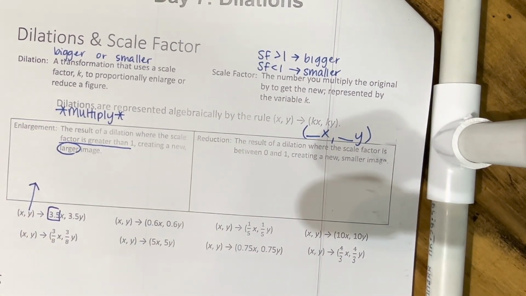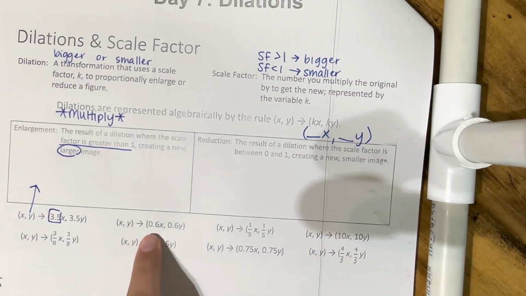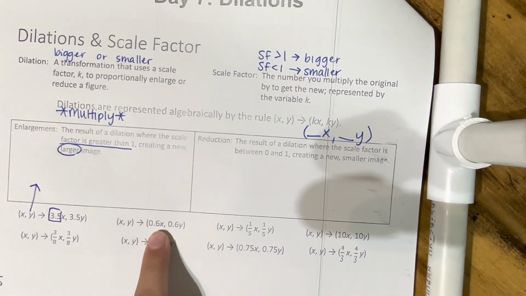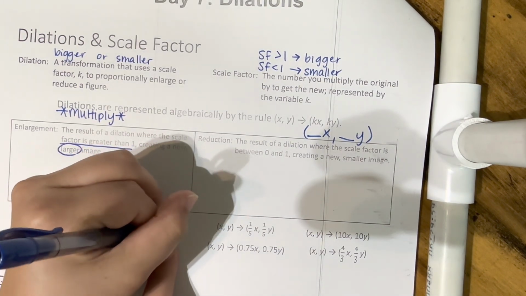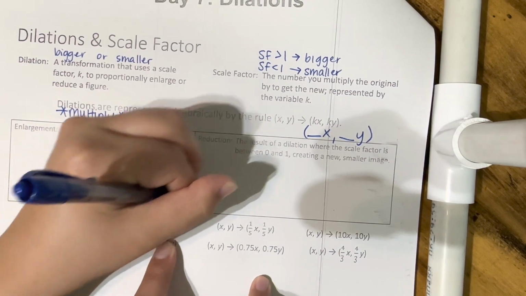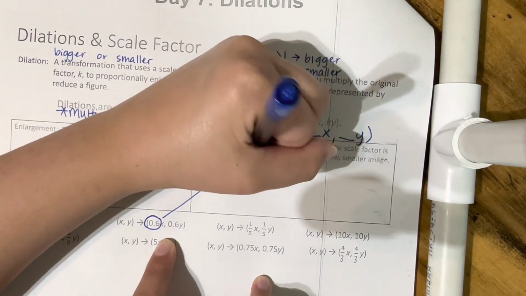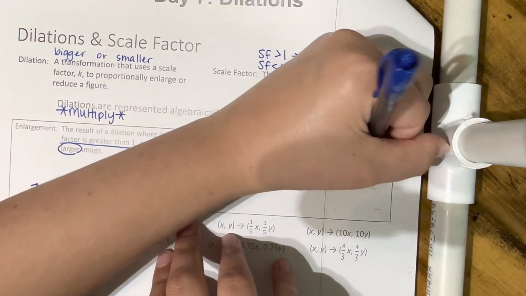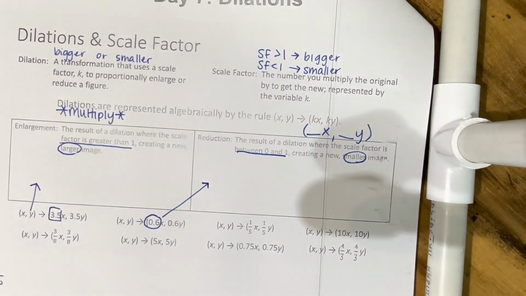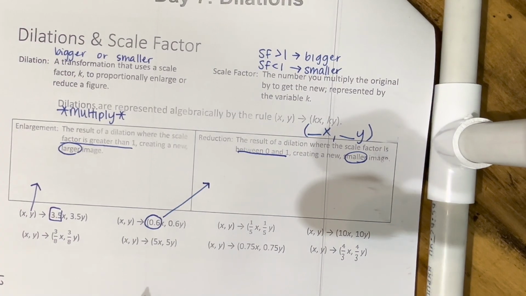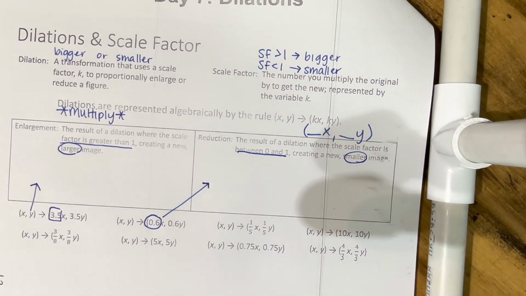So it's an enlargement. This rule right here, 0.6x, 0.6y. This is less than 1, so it is a reduction, right? It's in between 0 and 1, which means it's less than 1. It's going to get smaller. That's how you tell the difference between if a rule is going to make the shape get bigger or smaller.